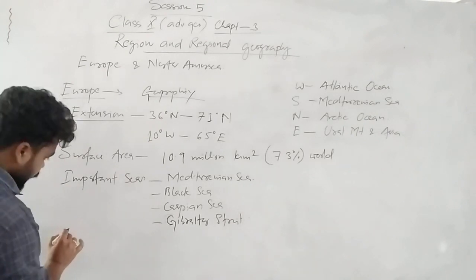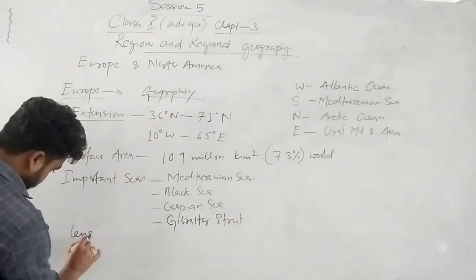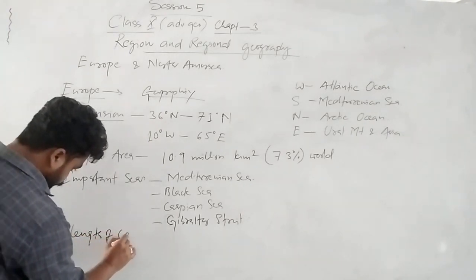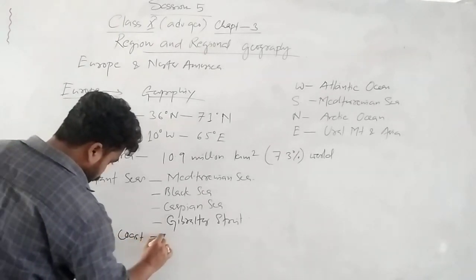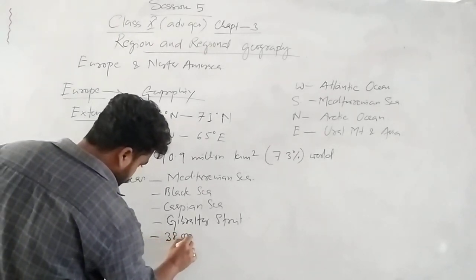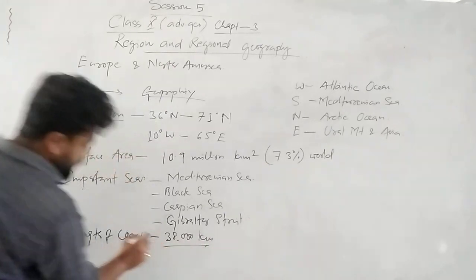Then we'll see the length of the coast. It is 38,000 kilometers. This is most important.